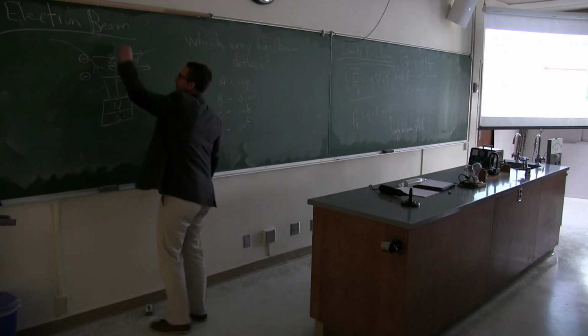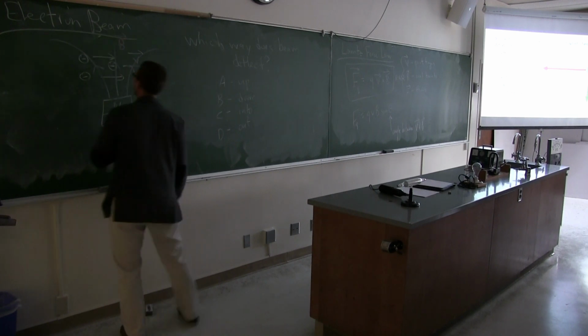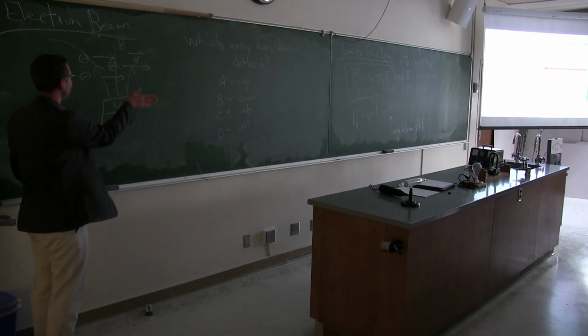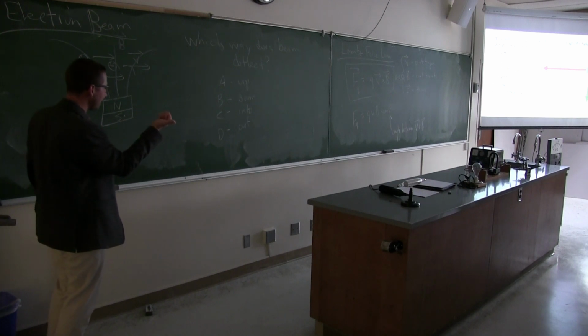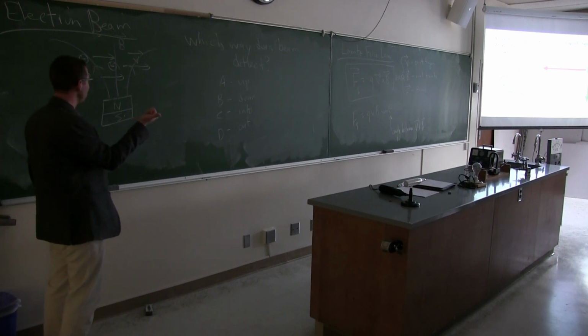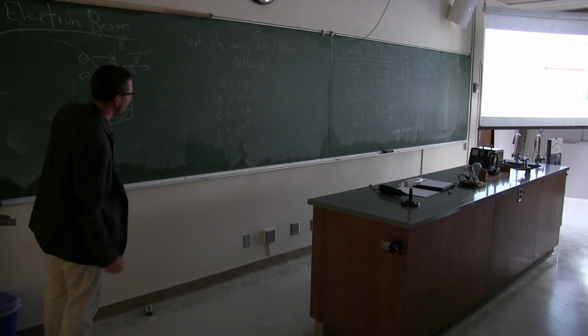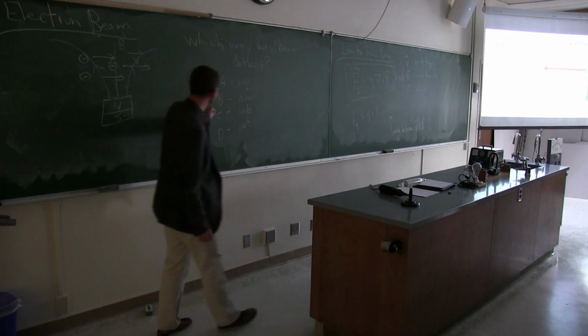So if I have a velocity in this direction, and I have a magnetic field up, for a positive charge, the force would be out. But since it's a negative charge, the force is in. So that gives me this one right here.